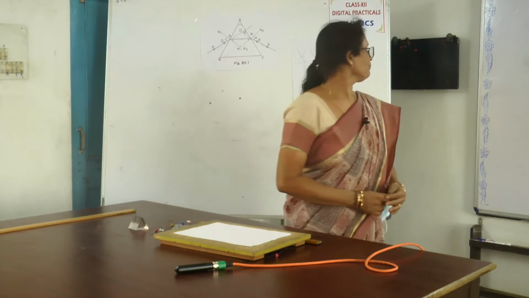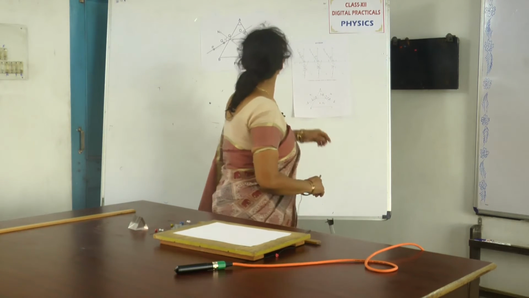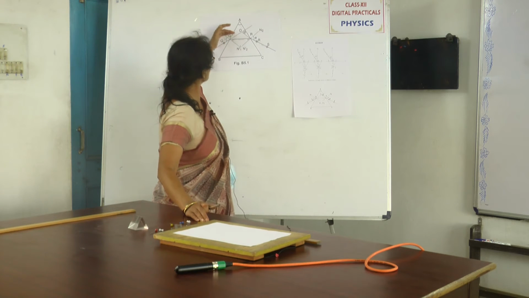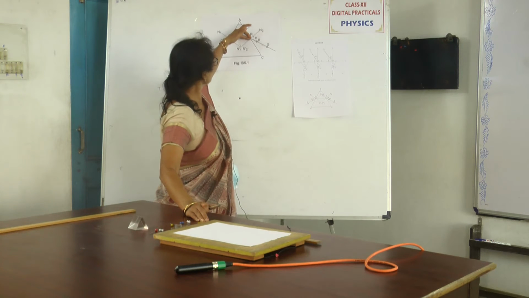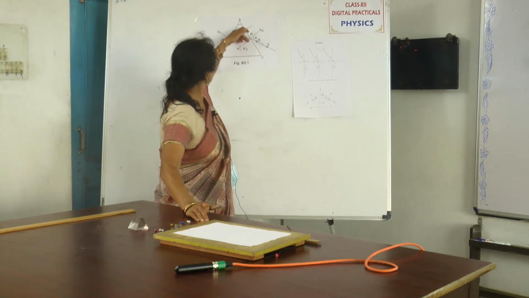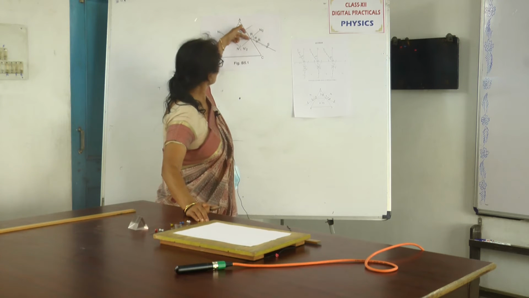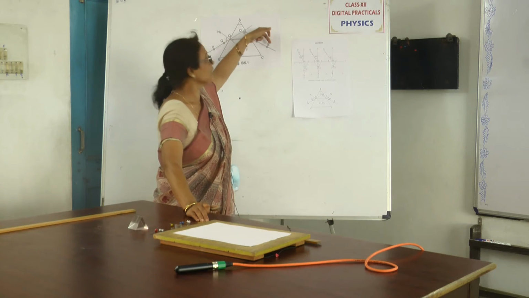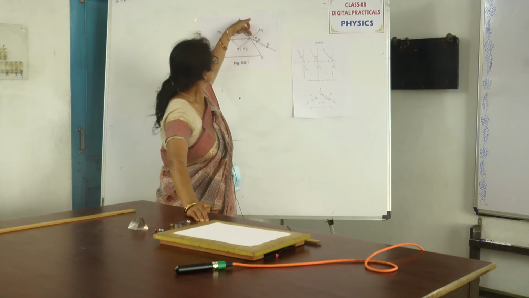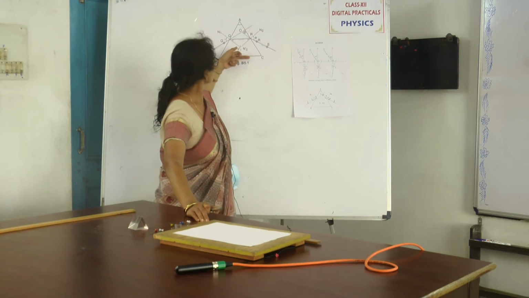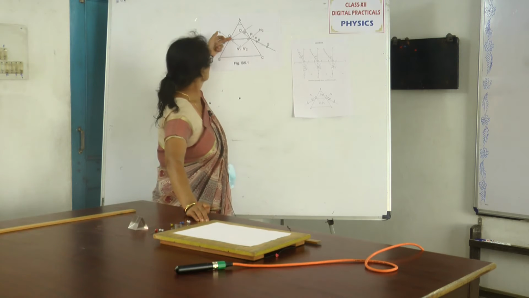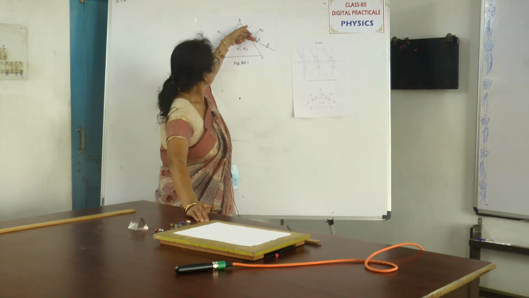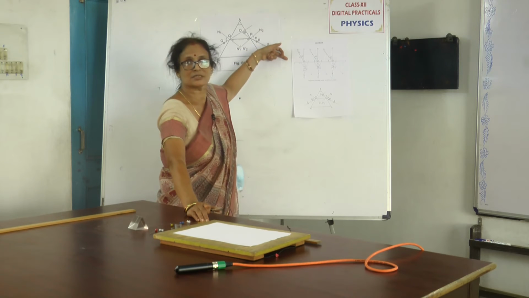Already you know in theory, when a ray is incident, it comes from rarer to denser medium, it bends towards the normal, so it is inclined towards the base, and when it emerges from denser to rarer medium, again it moves away from the normal, so it bends towards the base. This is the base of the prism. The ray is incident, bends towards the base when it gets refracted, and when it emerges out it also bends towards the base.